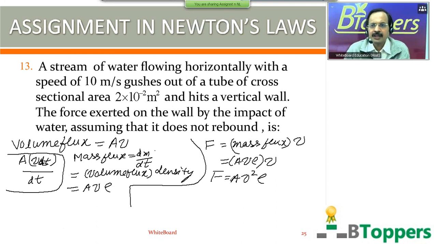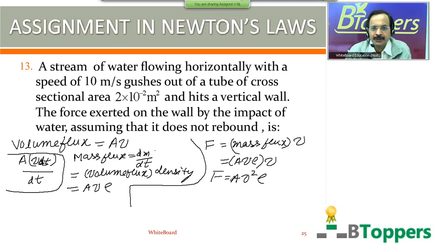So the force exerted on the pipe by the ejecting water will be in the backward direction. From Newton's third law, the force exerted on the pipe by the ejecting water will be the same as the force exerted by the pipe on the leaving water in magnitude.